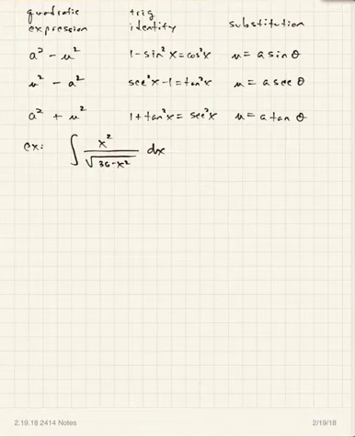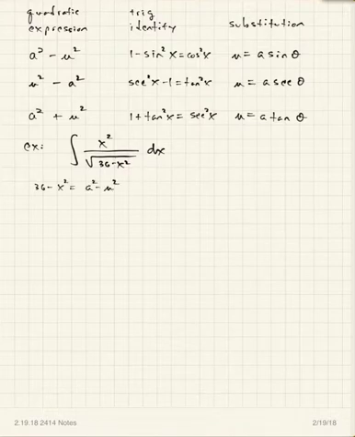So in this case, the square root of 36 minus x squared matches up here with the a squared minus u squared. And so our substitution here is going to be that form, where 36 minus x squared matches up with a squared minus u squared, where a would be 6, u would be x.